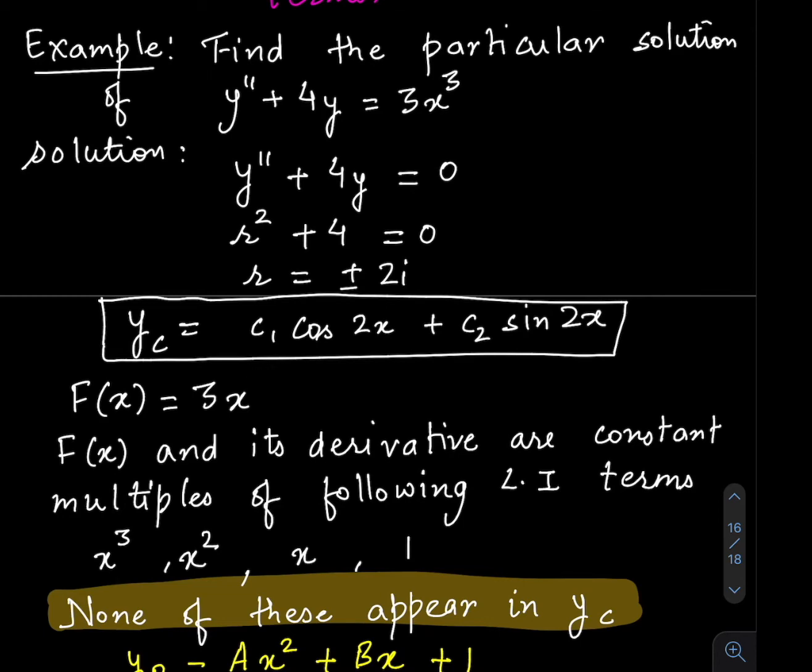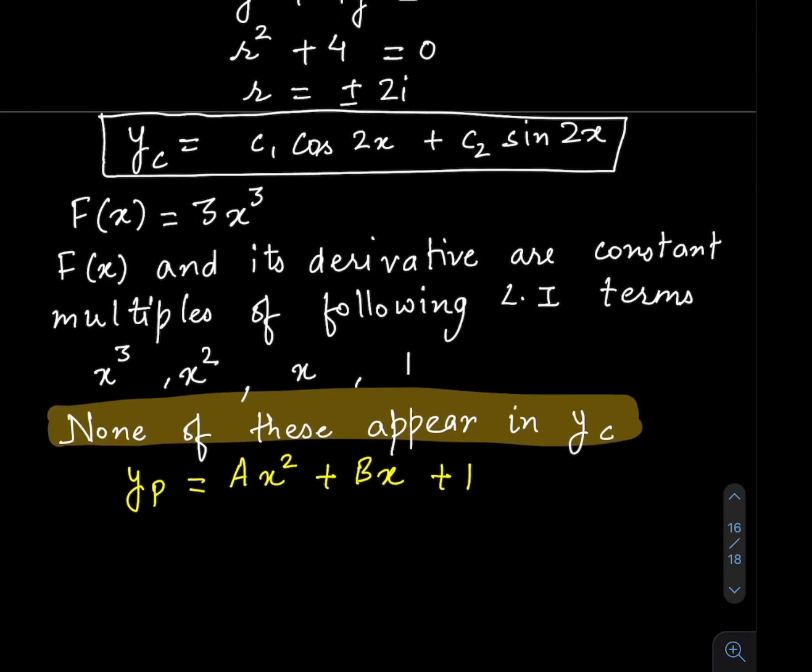So our general form of y_p is ax cube plus bx square plus cx plus d. Okay, this is the general form of our particular solution.